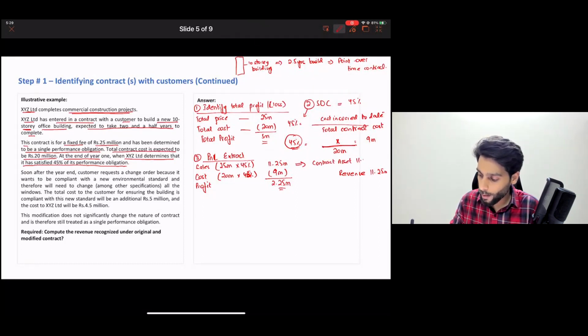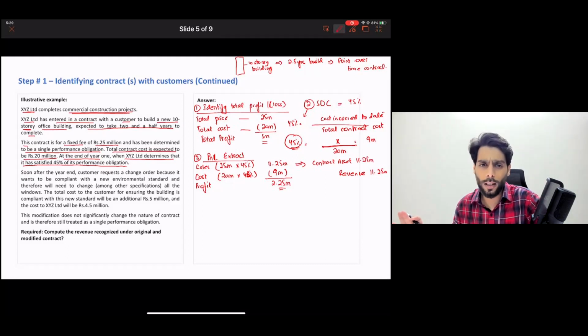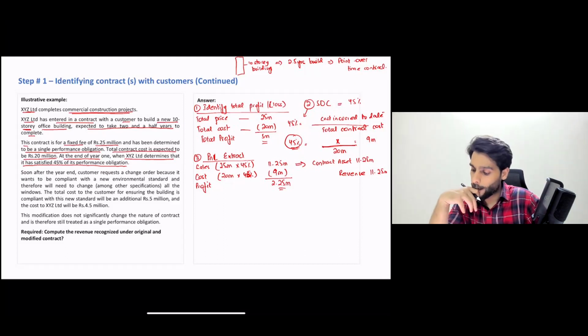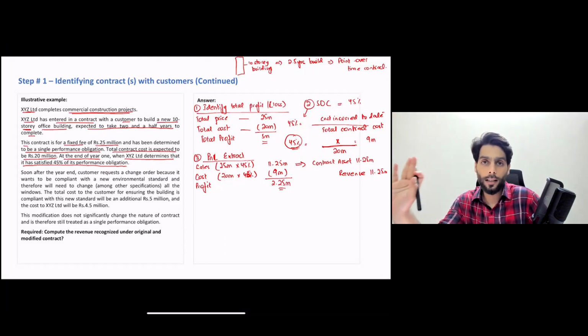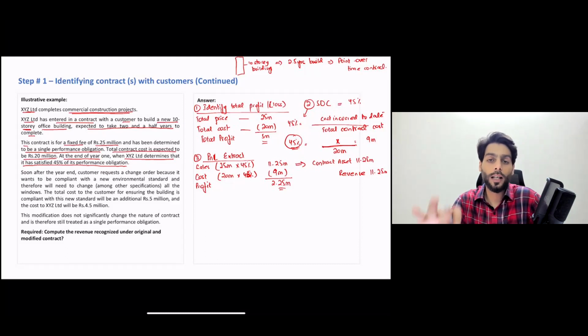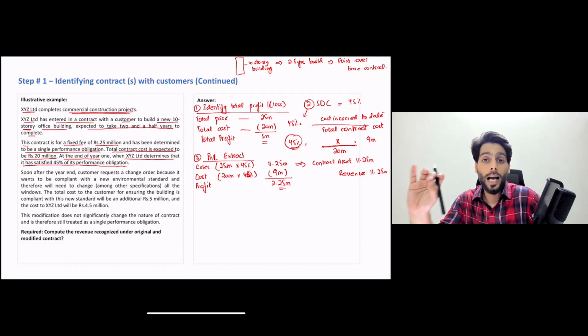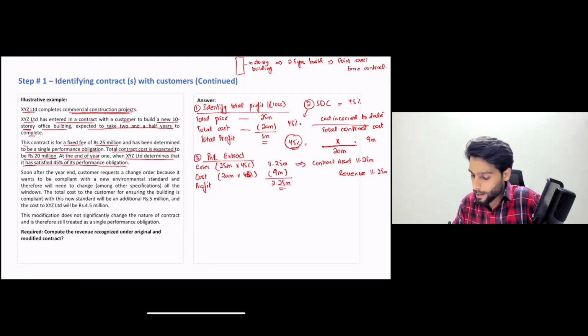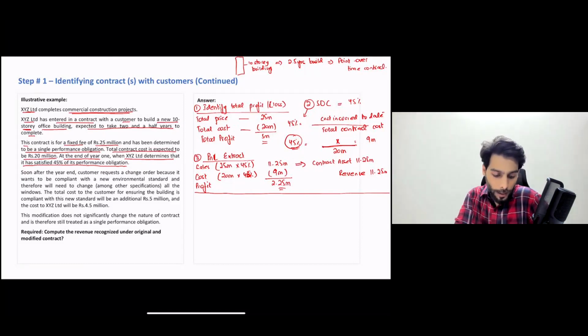There is nothing mentioned in this example about billing, so we'll assume that billing has not yet been performed. Otherwise, if the billing had been performed, it would be receivable debit and revenue credit. If the billing has not yet been done, it would be a contract asset, the unbilled amount, and then the revenue would have been credited. So we understand what had been done till now. Make sense?